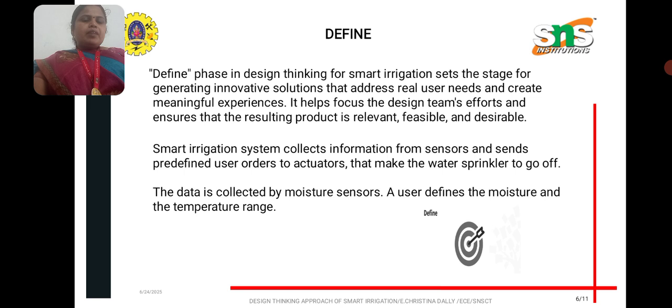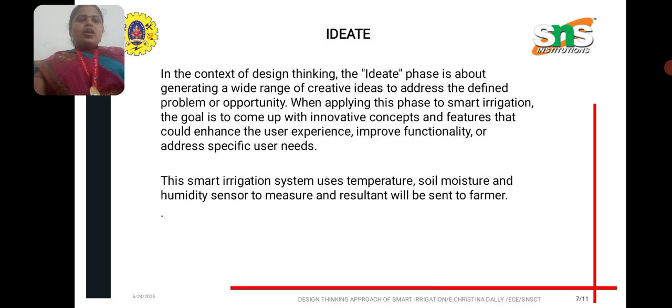At the same time, the data is collected by the moisture sensor, and the user defines the temperature. Coming to the ideate part, this smart irrigation system uses temperature, soil moisture, and humidity sensors to measure, and the data is sent to the farmer.